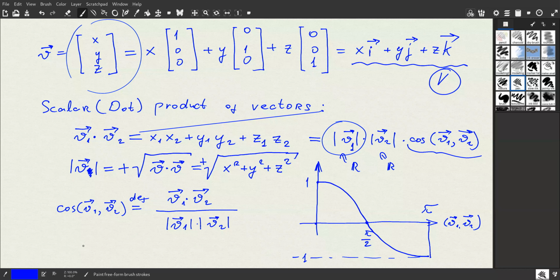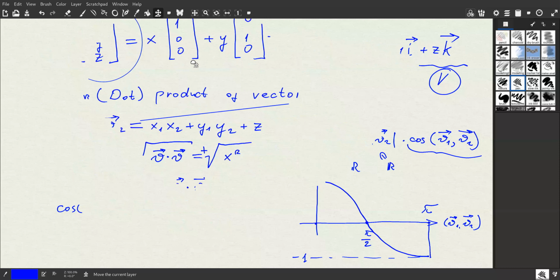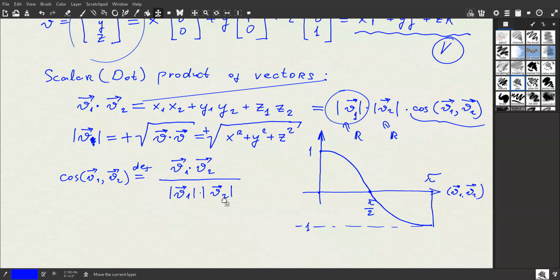So this is a definition, and we can prove algebraically just by using properties of quadratic forms that this expression, v1 times v2 divided by the length of v1 times the length of v2, which is a cosine, is less than or equal to 1 and greater than or equal to -1.